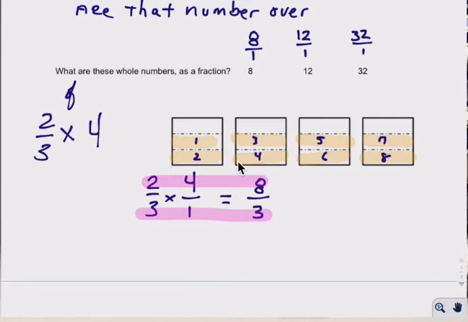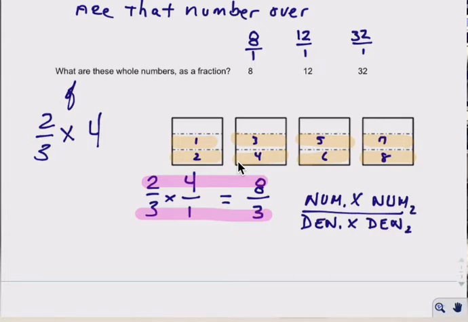It's pretty basic, because when you multiply fractions, it's the numerator times the numerator over the denominator times the denominator. And unlike adding and subtracting fractions, there's no like denominator to find. It's just straightforward numerator times numerator over denominator times denominator.